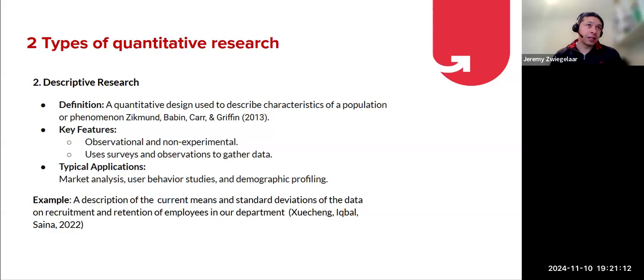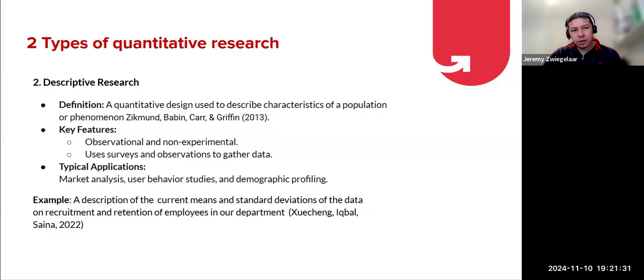In the market analysis here, to describe what the ages of the people were and what time they spent in different parts of the museum and so on, and give you some kind of profile of the demographic information as well.